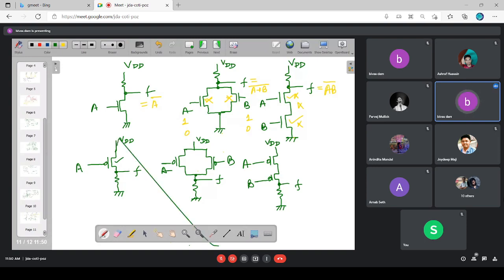As the switch is on, VDD is coming to the output. So output is logic 1. When A is 1, the switch is off. As the switch is off, there is no influence of VDD on the output. Instead, the ground potential goes to the output through this path. So A 0 gives output 1, A 1 gives output 0. So this is nothing but your A bar.